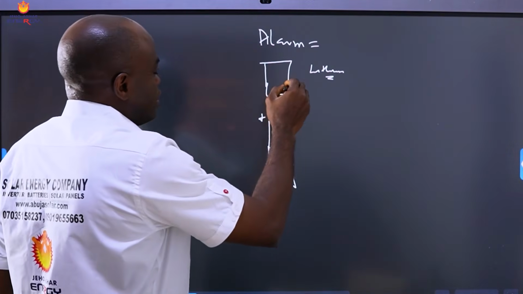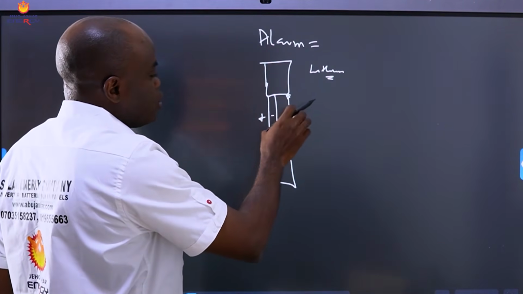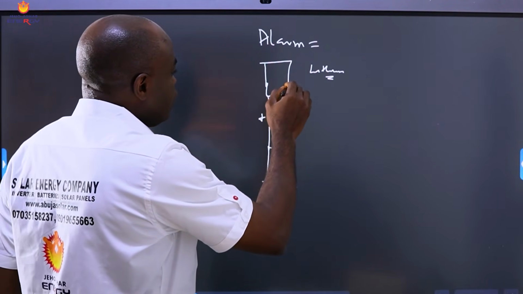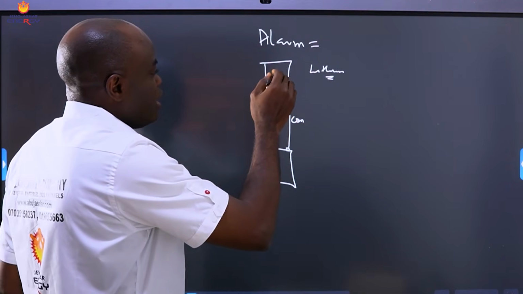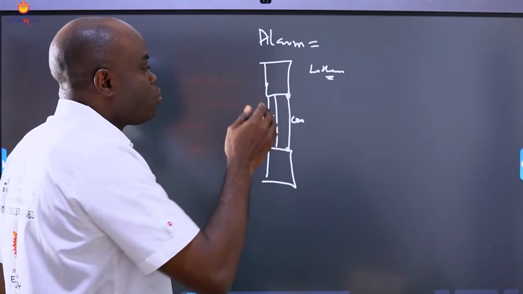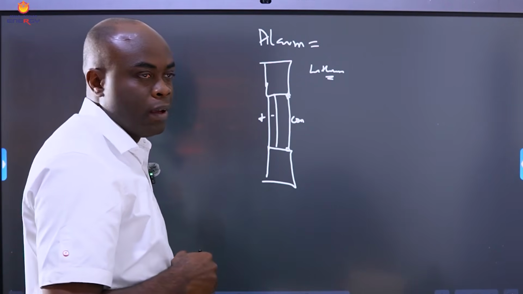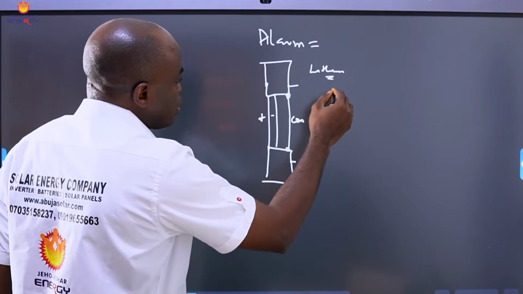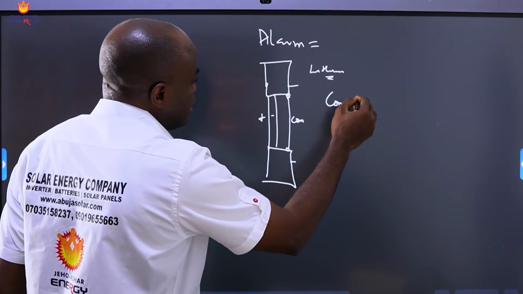Two, you didn't select a protocol or there is no communication cable between them. Then two, if you have selected the wrong protocol, it will also give you an alarm. So there is a protocol, there is what matches, that's why most inverter brands will say compatibility.